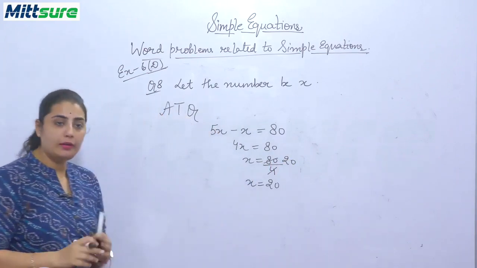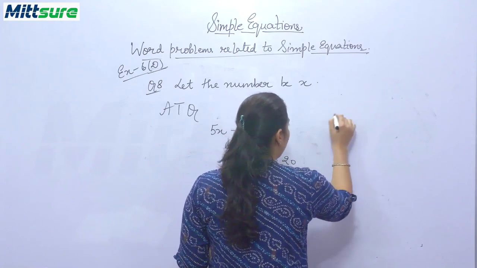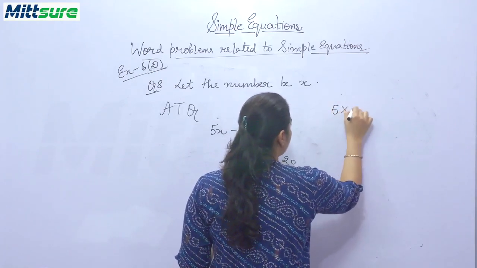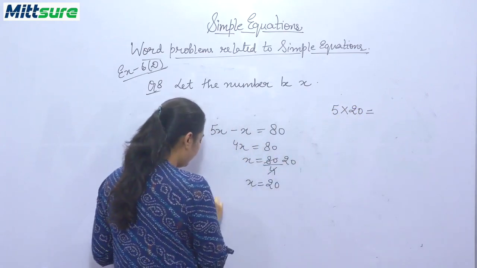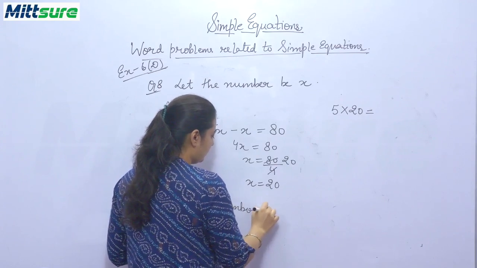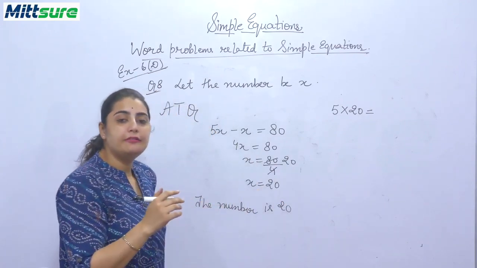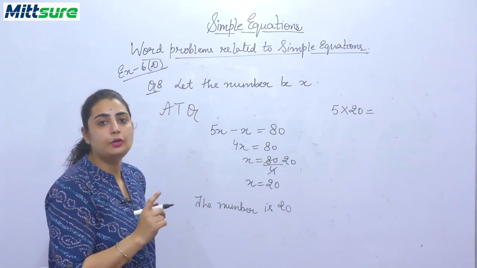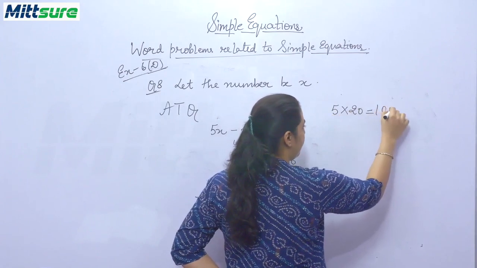Now let us check. We have got the number as 20. Let us check whether the difference of the two comes to be 80 or not. When I multiply this number by 5, I get 100.